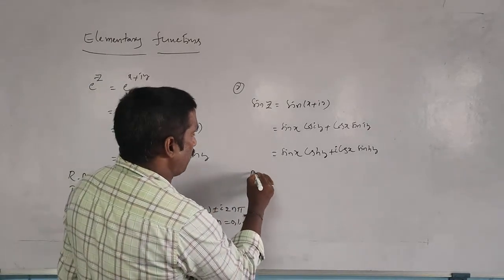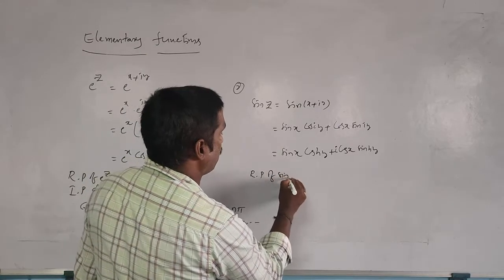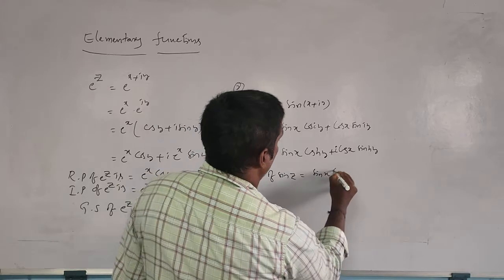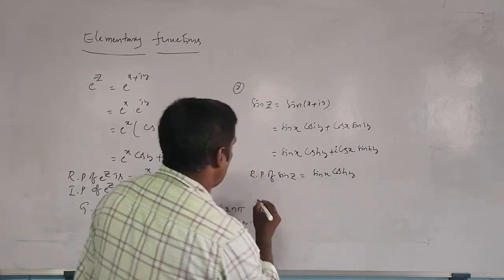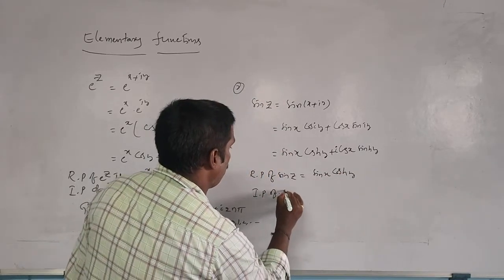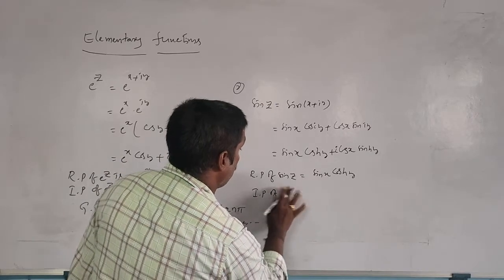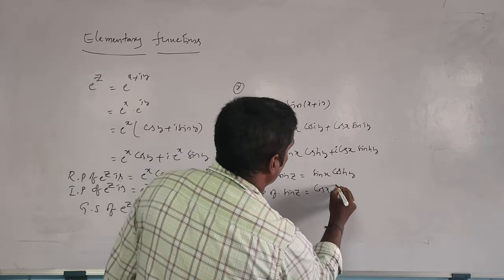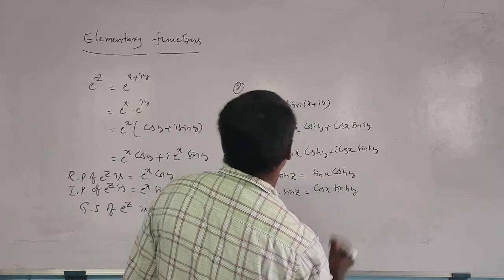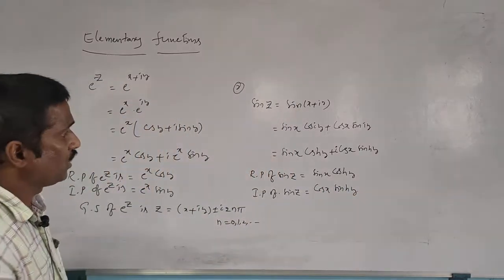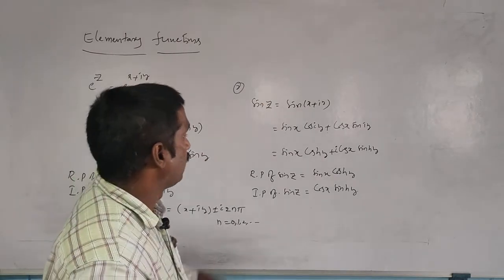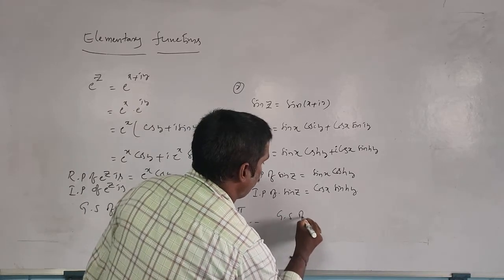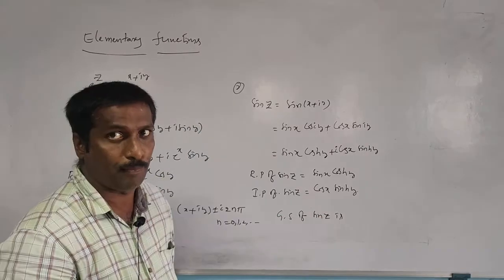Now separate the real and imaginary parts of sin z. The real part of sin z equals sin x cosh y. The imaginary part of sin z equals cos x sinh y.